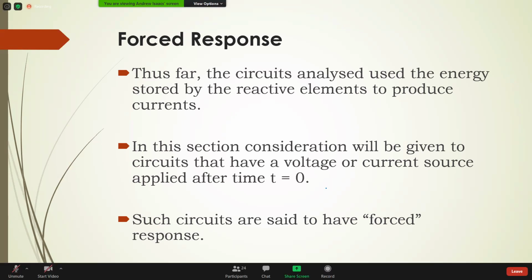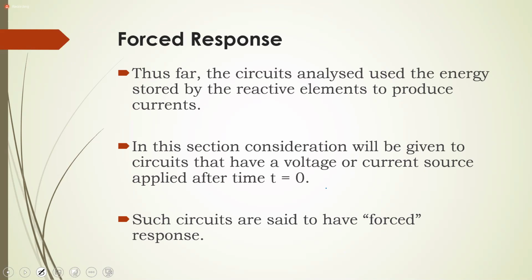Based on that fact, we know that our equations, the differential equations that we had, were all equal to zero, making them homogeneous, and therefore the particular solution zero. But now we are applying a source, so the result will obviously be non-zero values. So we now have non-homogeneous equations.